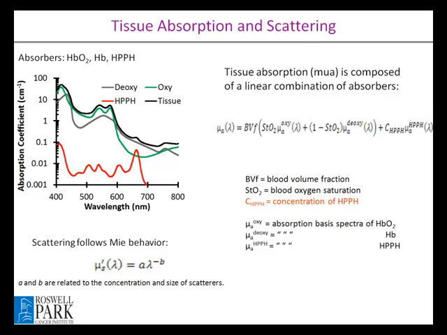And if you also want to quantify the scattering medium, we assume a Mie-type behavior. So without the Ms prime fitting we have only 3 parameters: oxy- and deoxyhemoglobin and HPPH concentration, or you can also analyze it with the oxygen saturation and blood volume. And if you also want to fit the scattering, then it will be 5 parameters to quantify from this multivariate fitting.